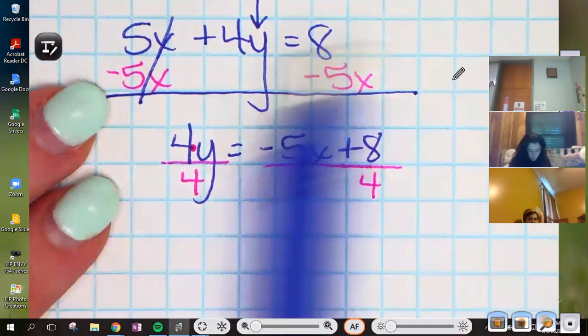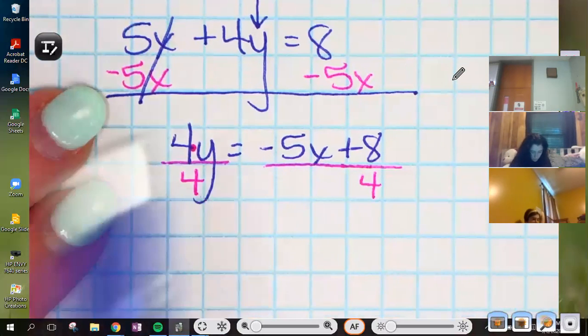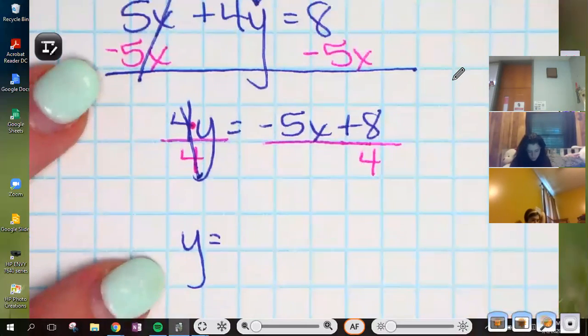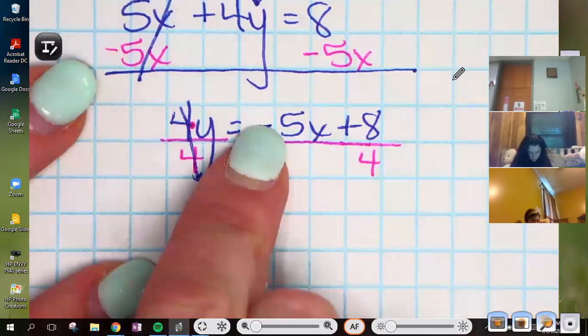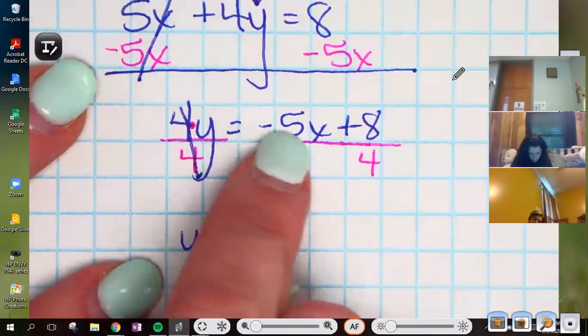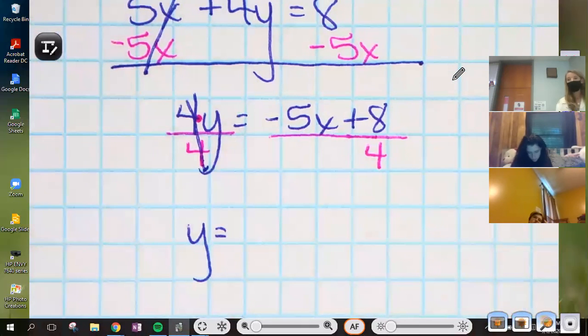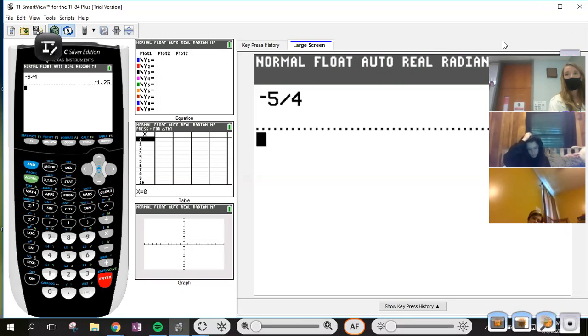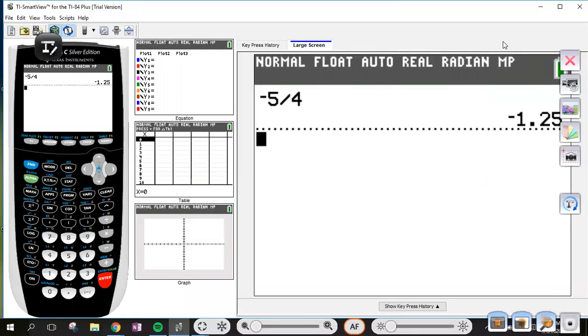So what happens to the 4's over here? Cancel out. I'm left with y equals, okay, -5 divided by 4. You can just ignore the x for a second. -5 divided by 4. If I looked at that, I would have no idea what that is, but luckily you all have calculators. So I have -5 divided by 4, and that gives me what? 1.25. Do I want to leave it as a decimal?